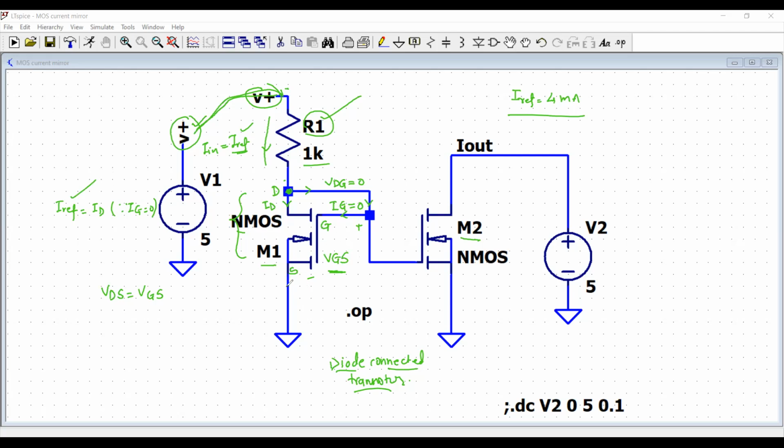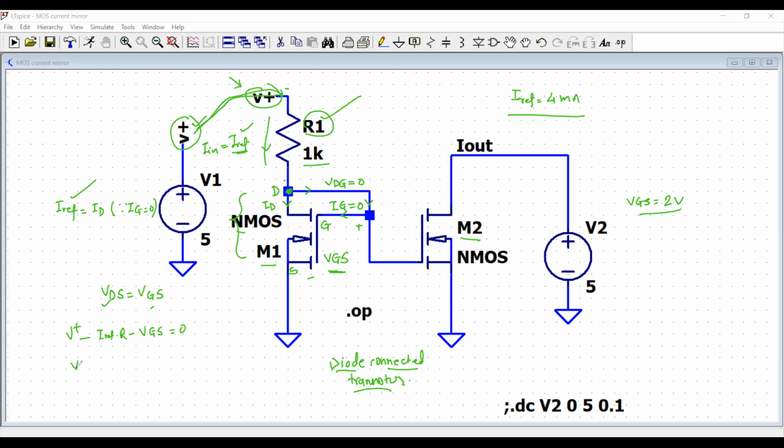So essentially, this reference current is producing a voltage drop VGS across the gate and the source terminal of this MOSFET. So let's say the MOSFET has VGS equal to 2 volt. That is what I want to produce. So I write the KVL, Kirchhoff's voltage law: V plus, which is this voltage source, minus I reference times R, minus VDS, and VDS and VGS are the same, minus VGS is equal to 0.